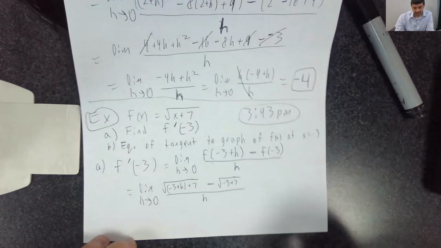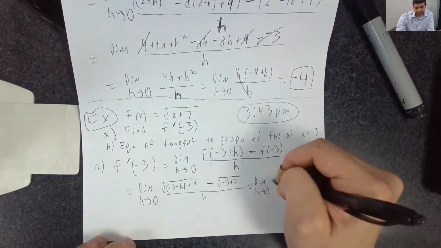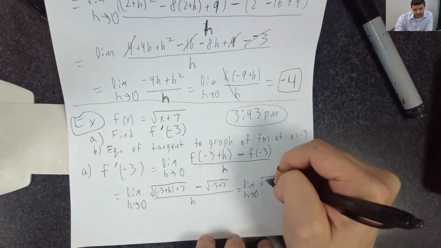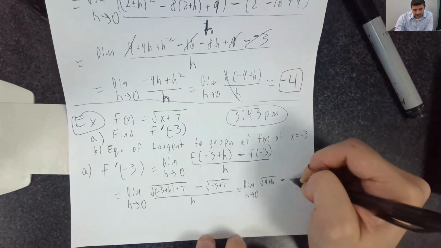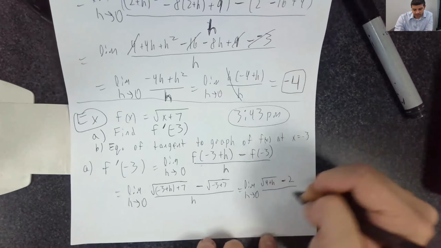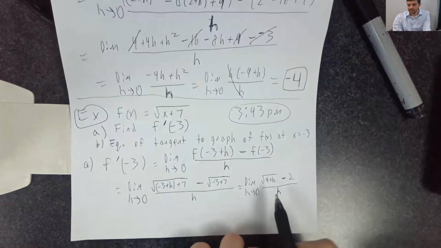Good. Limit as h goes to 0, so I get radical 4 plus h minus radical 4, which is 2, divided by h. Now, it's a 0 over 0 limit, but with the radicals. What was our trick?